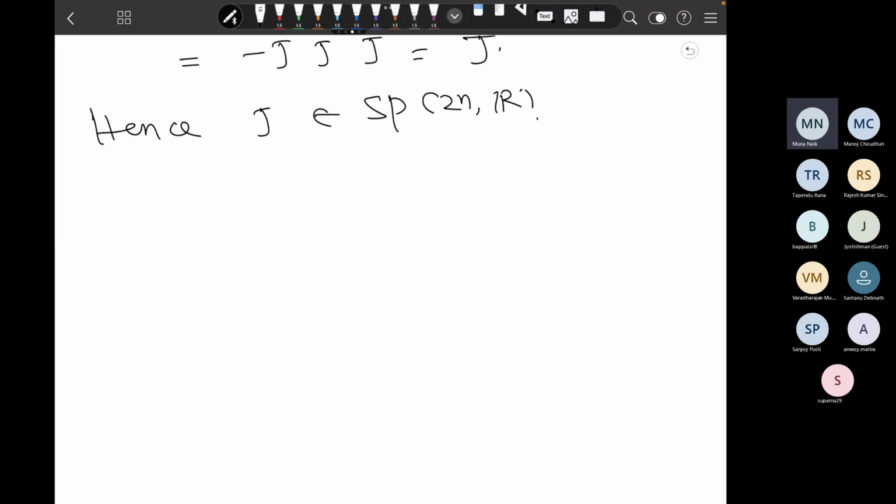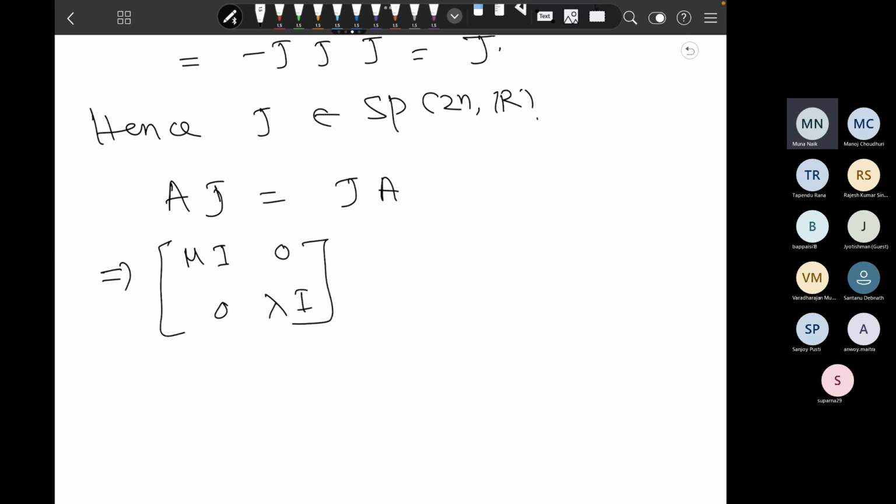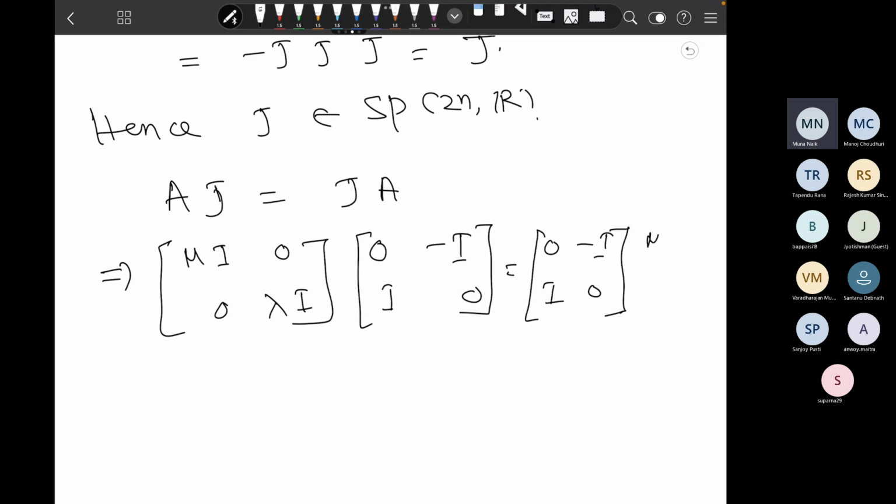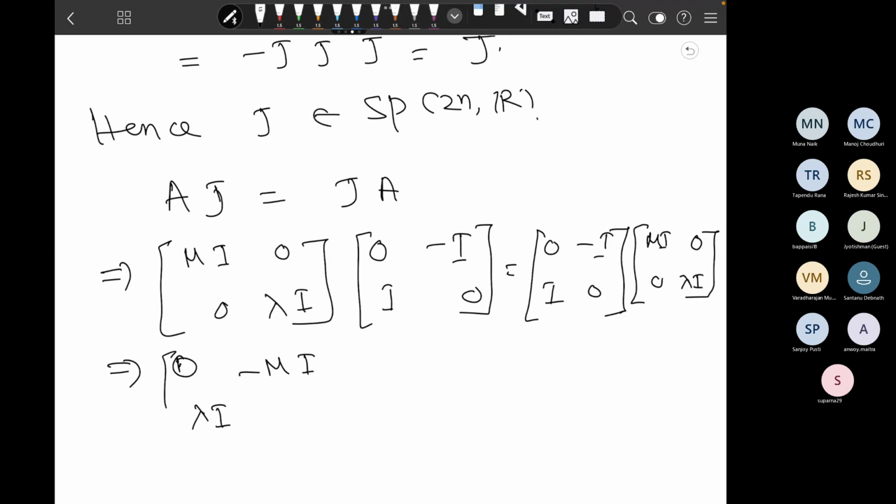Now AJ is equal to J, this is mu I 0 0 lambda I, times 0 I minus I 0, and this multiplication gives 0 minus mu I, lambda I, 0 on one side and 0 minus lambda I, mu I, 0 on the other.